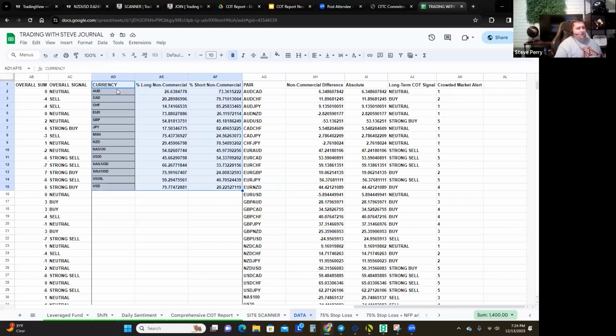So we have here all the currencies. And again, for those that don't know, it's not done in currency pairs. It's done in individual currencies. Why is this? Because the CFTC doesn't monitor Forex. Well, they do, but Forex is a decentralized market, so basically every broker in the world creates their own market for Forex.